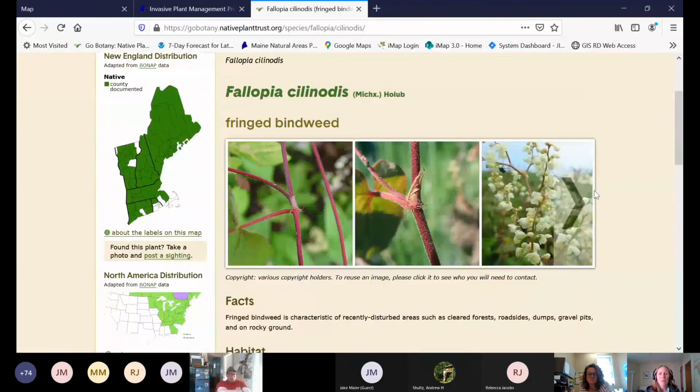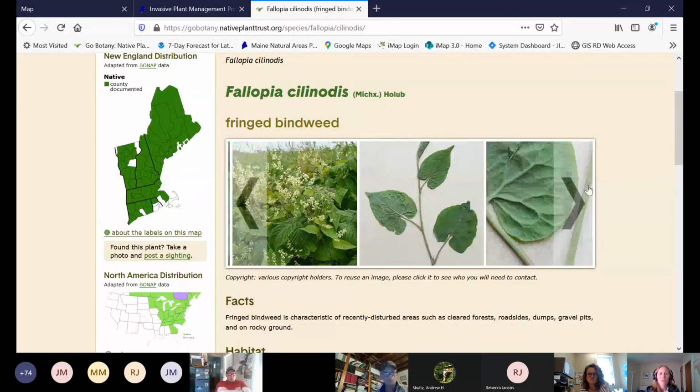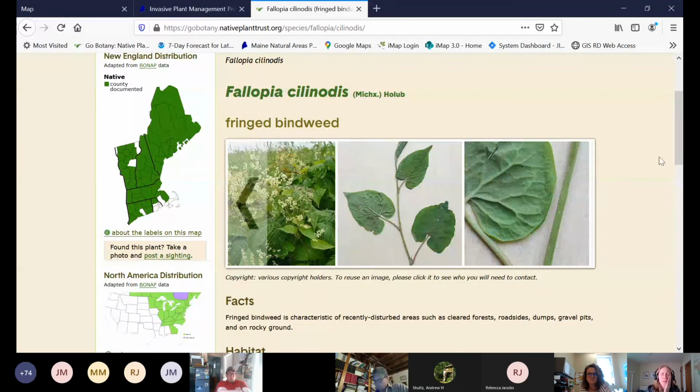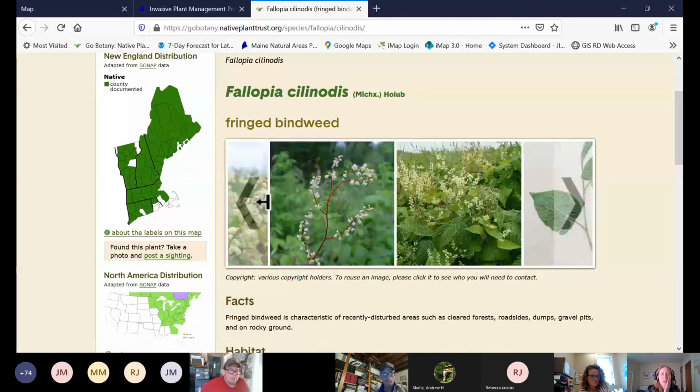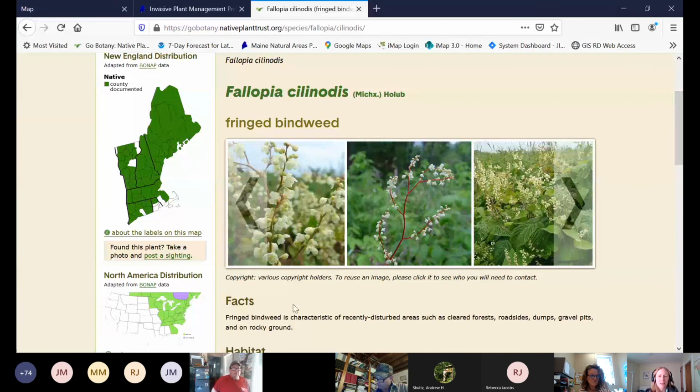Yes, there are some similar native plants, and I'm just pulling up a website that I will share here in a minute. So bear with me. The mile-a-minute weed is not super closely related, but it is somewhat related. So this plant that I'm showing, fringed bindweed, is a similar plant that can grow abundantly in old landings and other open areas.